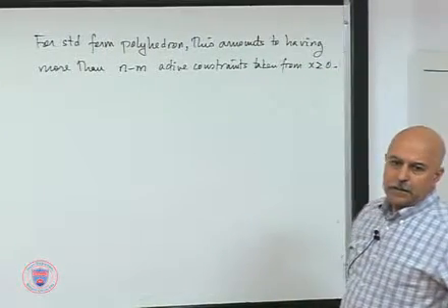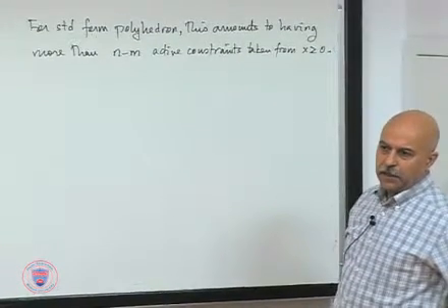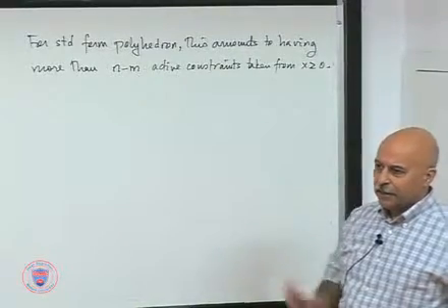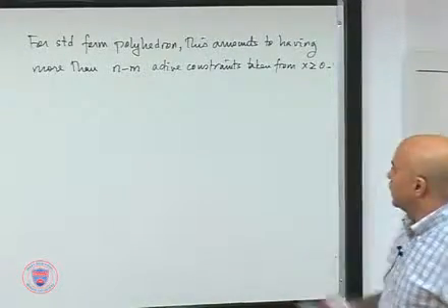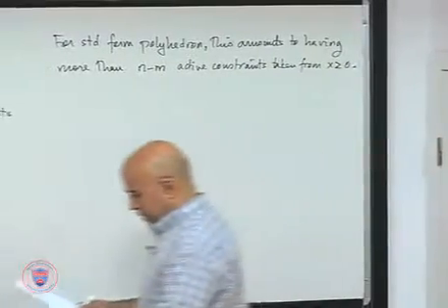Of course, those active constraints coming from the non-negativity part are the non-basic variables, if you remember the word. I never really use the word non-basic here, but nevertheless, that's what it amounts to.